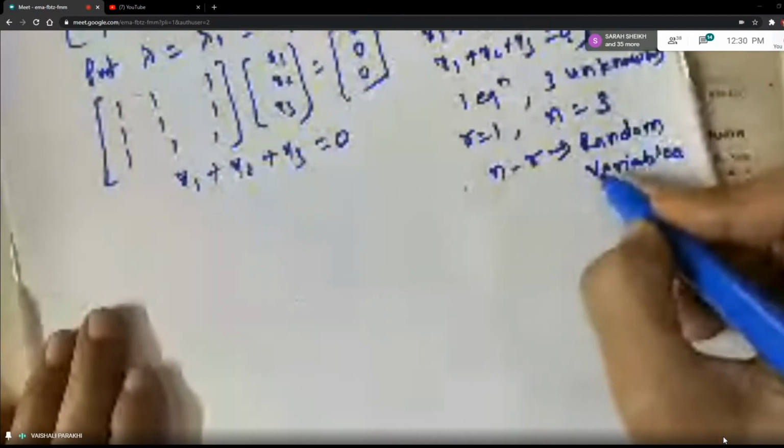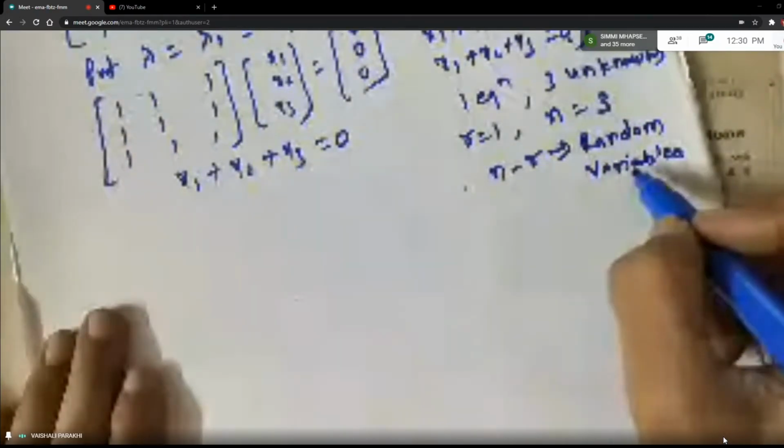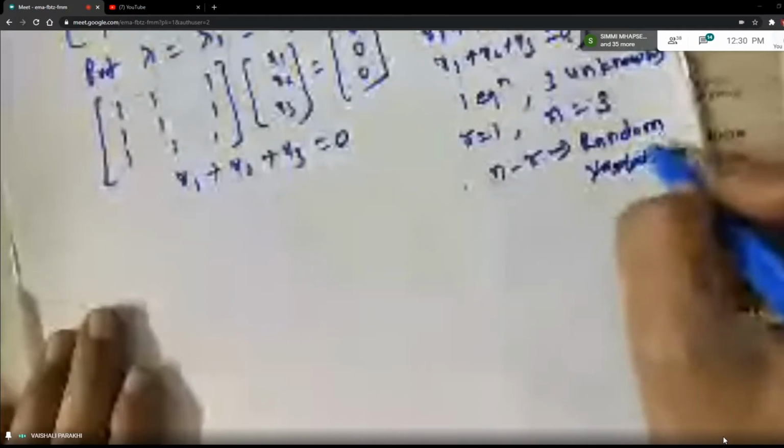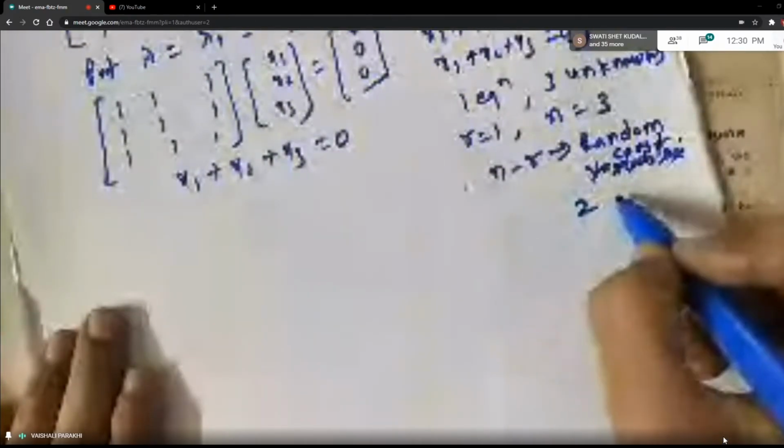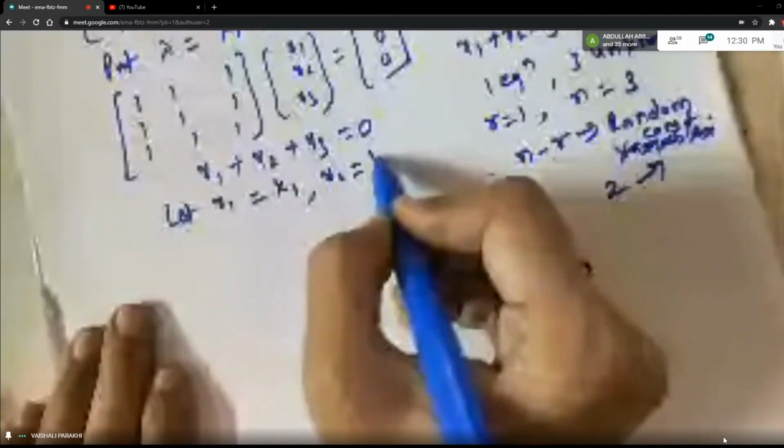Random variables means, we cannot call it a variable, you can say random constants. So 2 random constants you are going to take as K1 and K2. Now let me explain. Here there is a single equation, but how many unknowns? 3 unknowns, right? So you have to choose any 2 as K1 and K2.